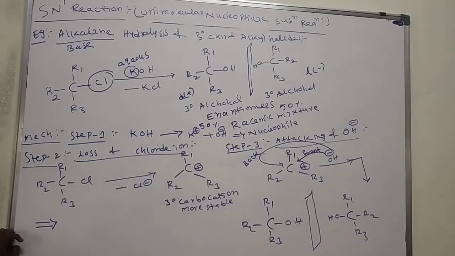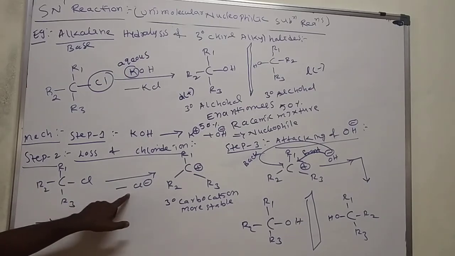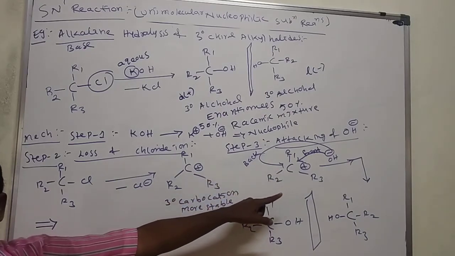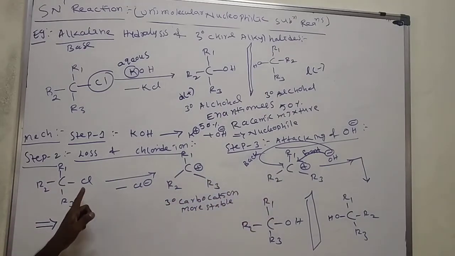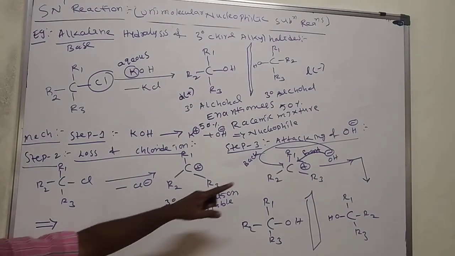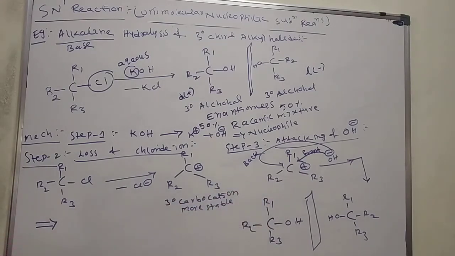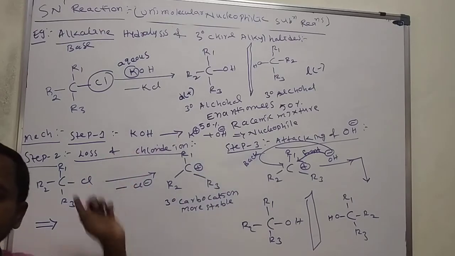I say this is a unimolecular nucleophilic substitution reaction. Why is it called unimolecular nucleophilic substitution? When the alkyl halide loses Cl minus, then only OH minus attacks. If the alkyl halide loses Cl minus within 2 minutes, OH minus attacks within 2 minutes only. If Cl minus is lost within 1 hour, OH minus attacks within 1 hour.